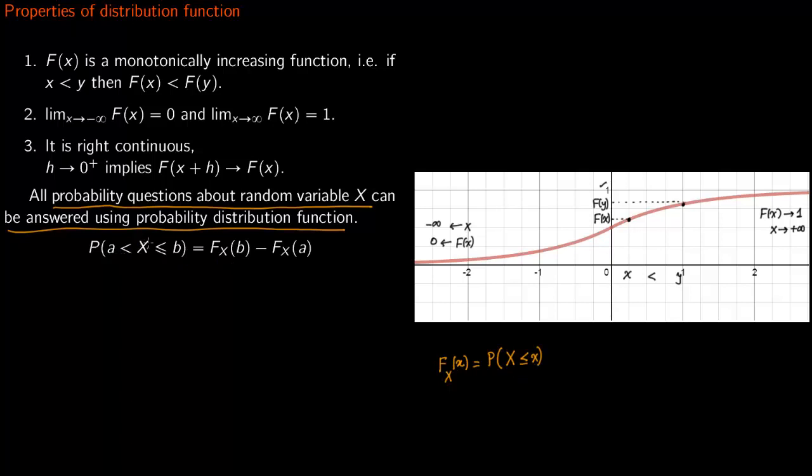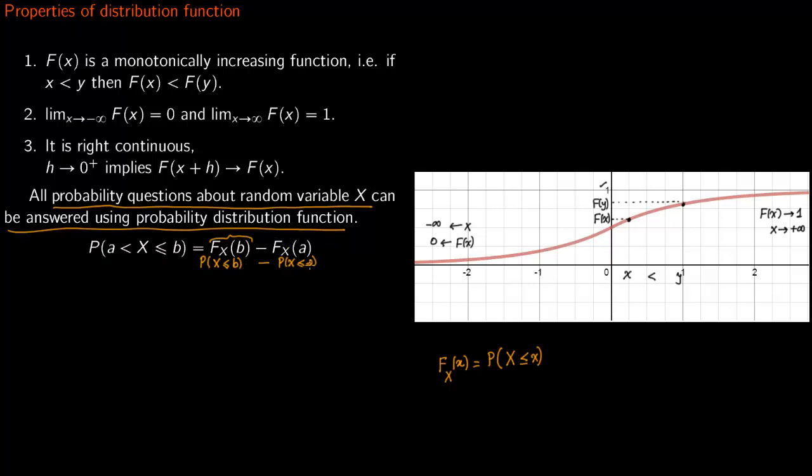So probability that x lies between a and b, this is nothing but equal to, so what is this? This is probability that x is less than or equal to b minus probability that x is less than or equal to a.